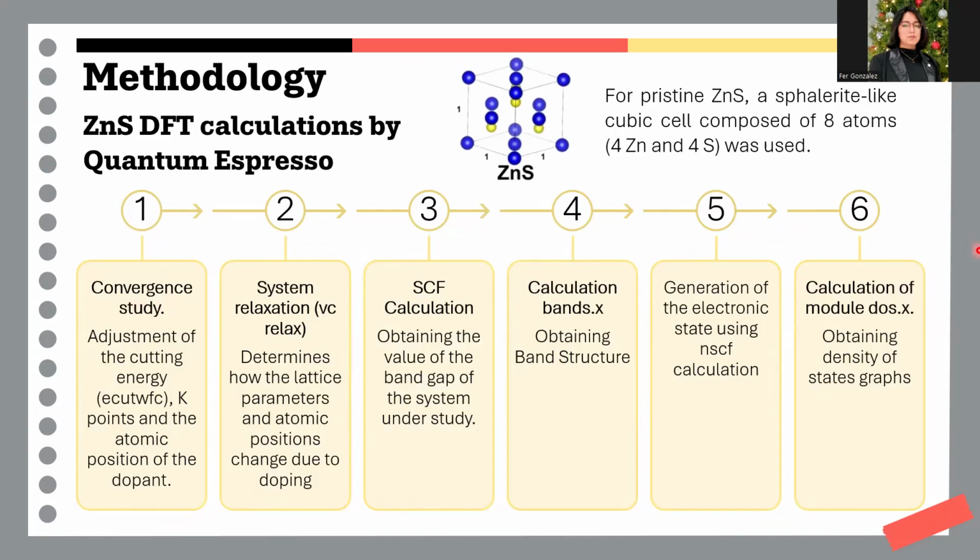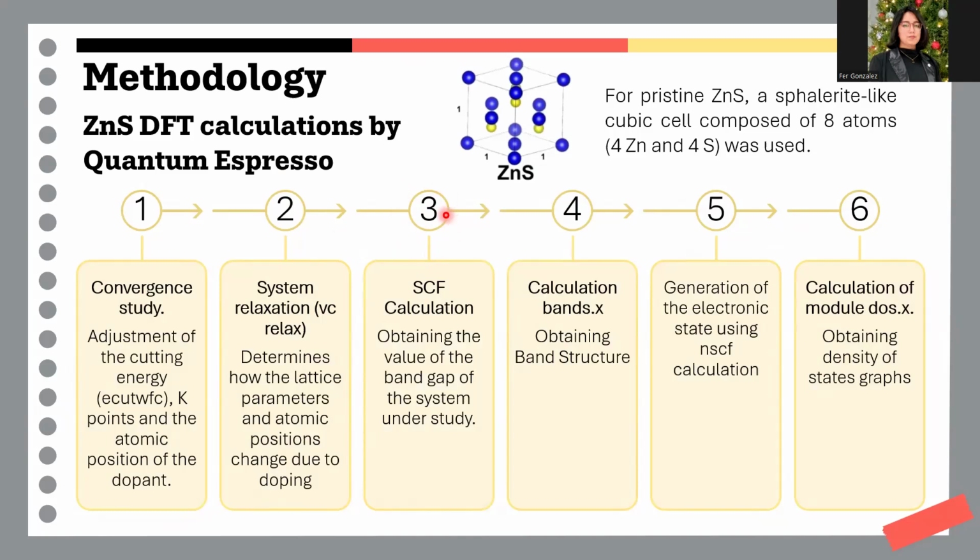First, the convergence study was performed, adjusting the cutoff energy, the K points, and the atomic position of the dopants. Then the system was relaxed with the vc-relax calculation to obtain the atomic positions. Then, with the self-consistent field calculation, the structure of the material was optimized, and the value of the band gap of the system under study was obtained.